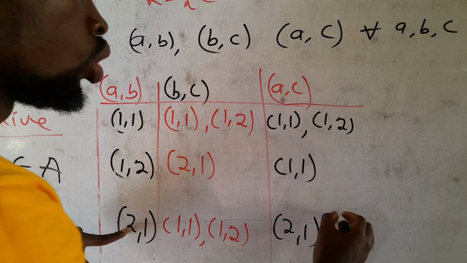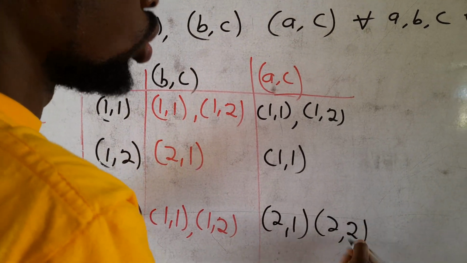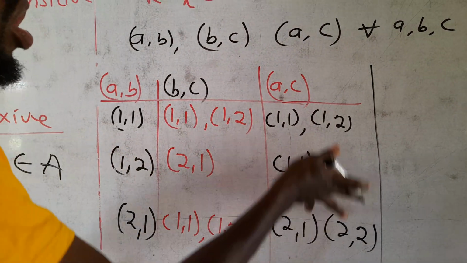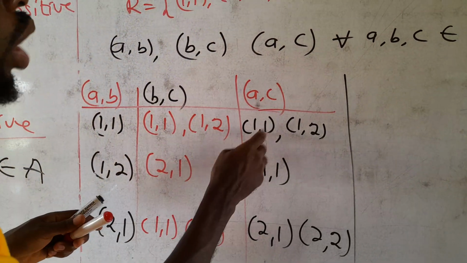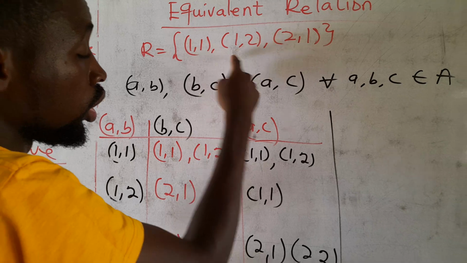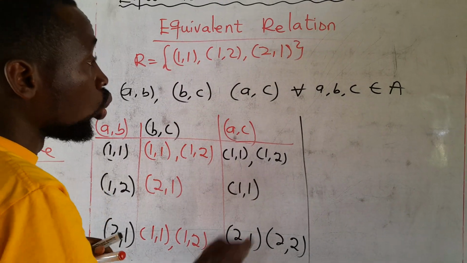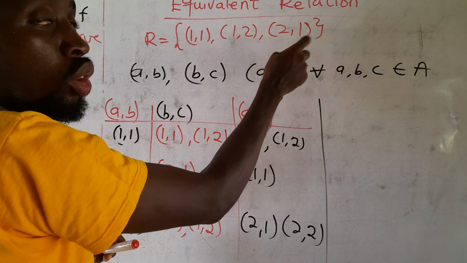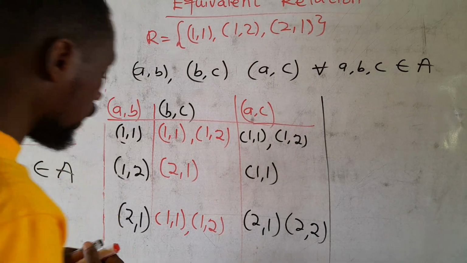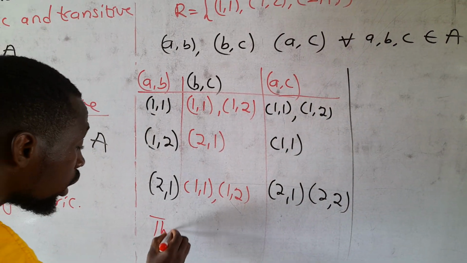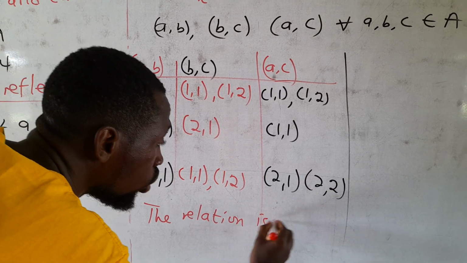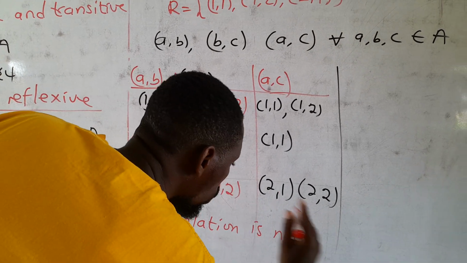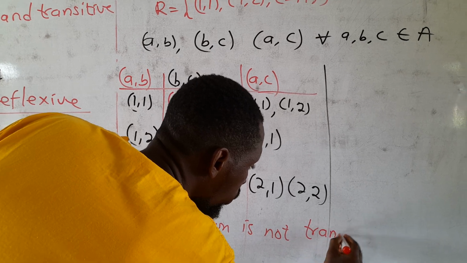Then 2 and 2, we have 2, 2. Now you check whether all these ordered pairs are members of the relation. 1, 1 is there. 1, 2 is there. 1, 1 is there. 2, 1 is there. 2, 2, but there is no 2, 2 there. So we can say that the relation is not transitive.